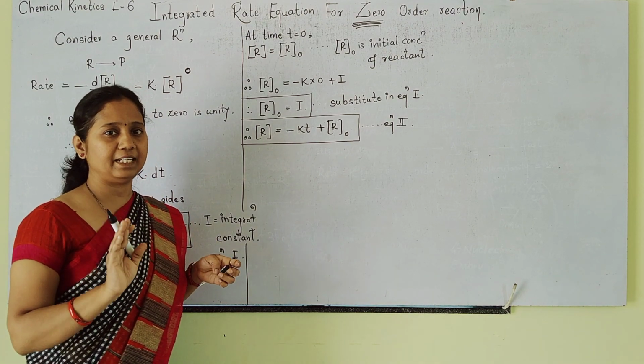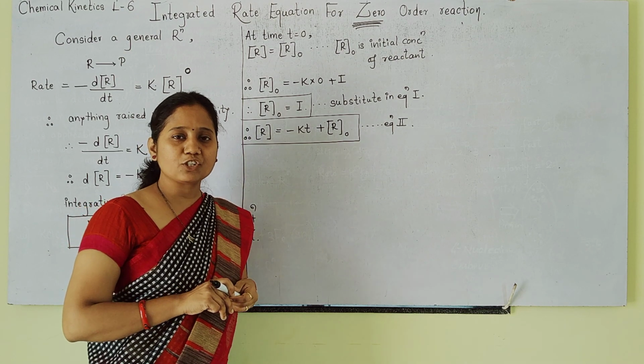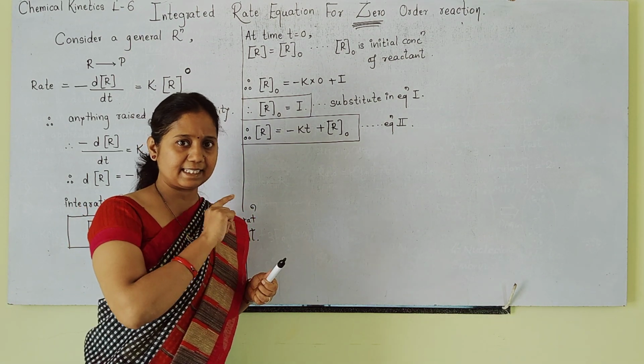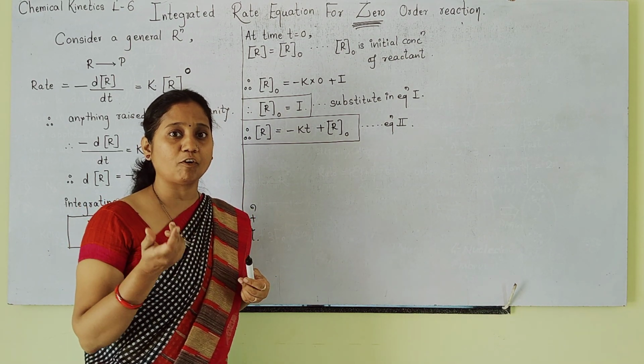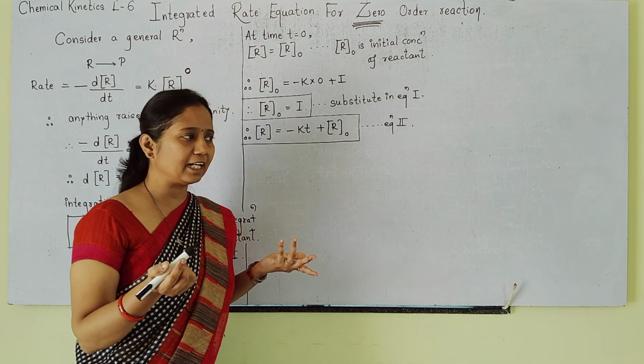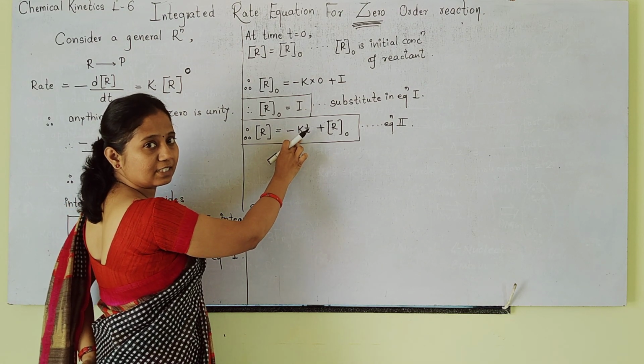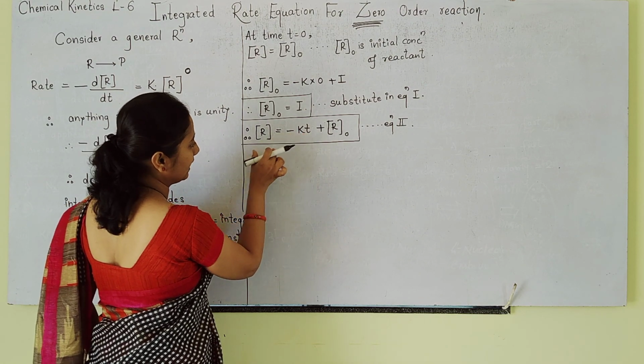Now equation 3. Three equations we have to derive. Equation 3 means you should write this equation second in terms of K. Rate constant is equal to what? Easily you can write down K. Let us take kT here.